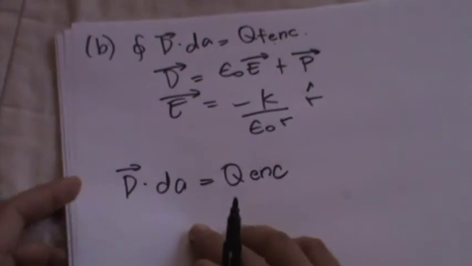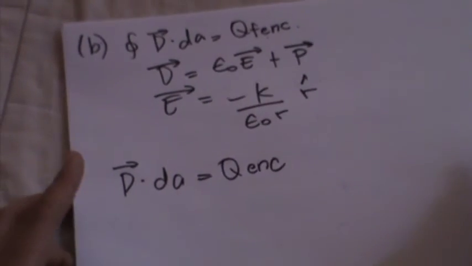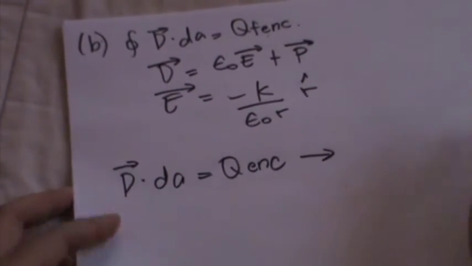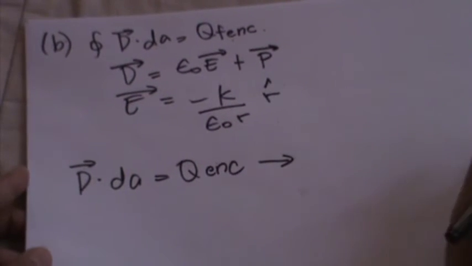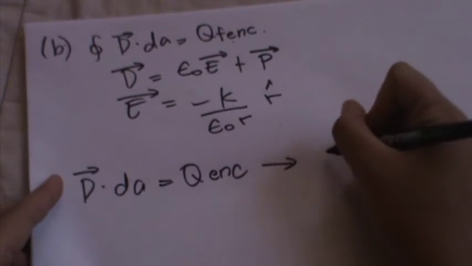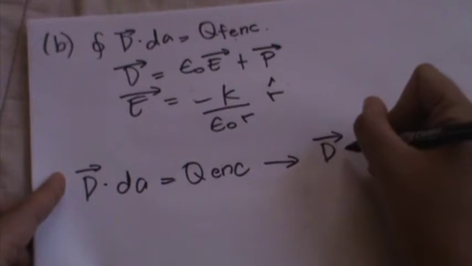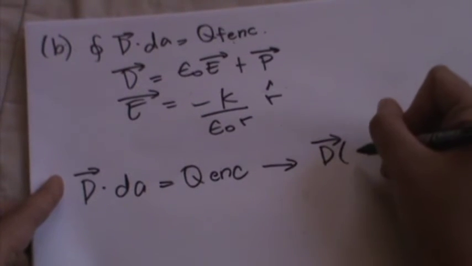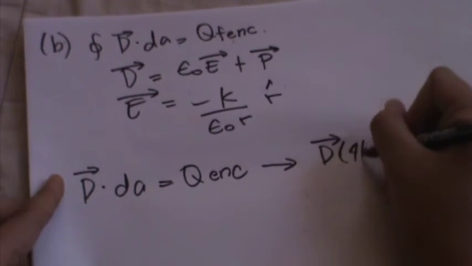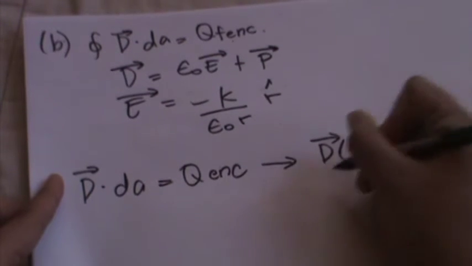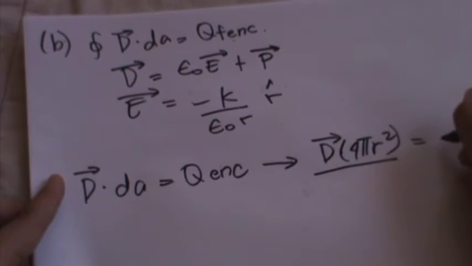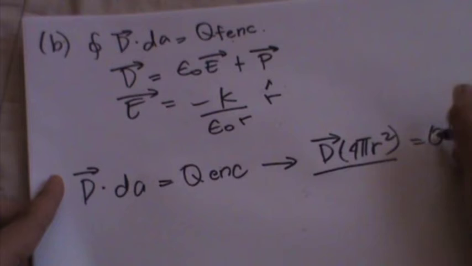So dA, again, solving for the sphere, therefore our integral becomes the vector D multiplied by 4 pi r squared, and is equal to Q enclosed.